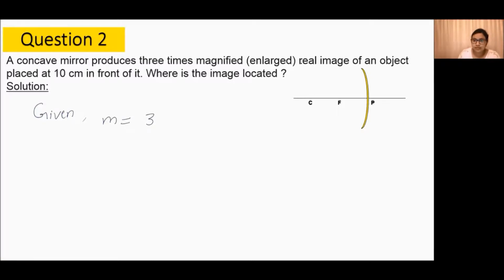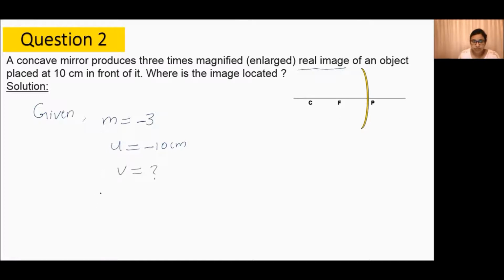Since it is specifically mentioned the real image, M is negative. And object distance is given, 10 centimeter. The object is placed in front of the mirror, that is on the left side. So U is taken as negative. And we have to calculate V, the image distance.